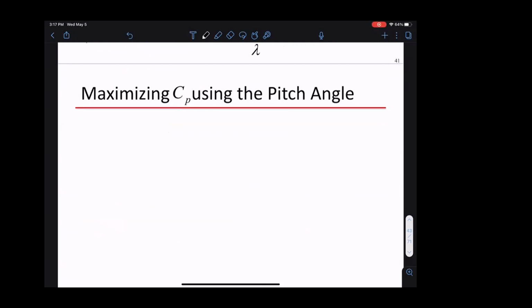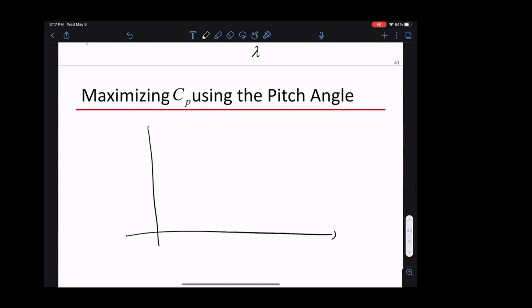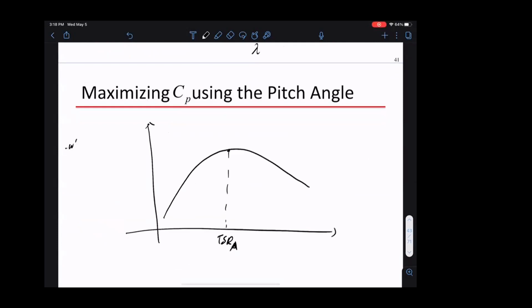Suppose we start with some pitch, and I'm operating at the TSR point A. Now let's say the wind decreases.